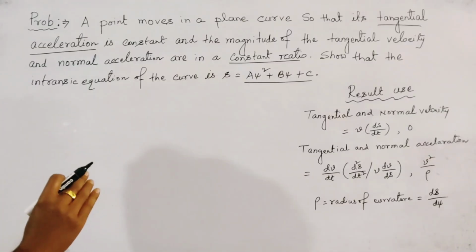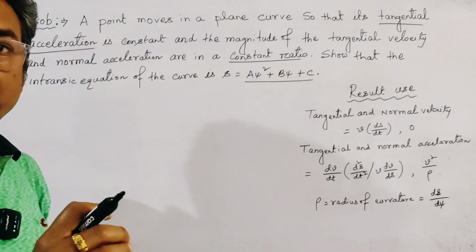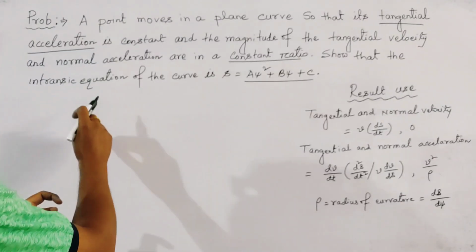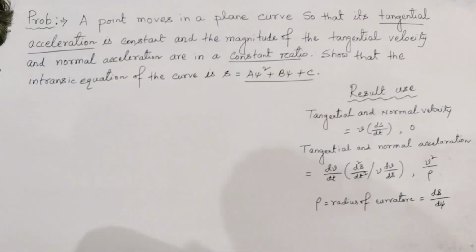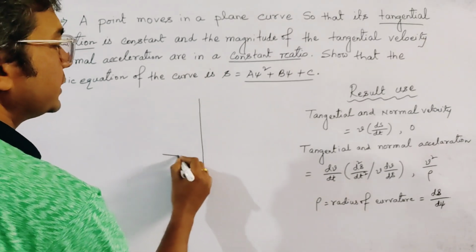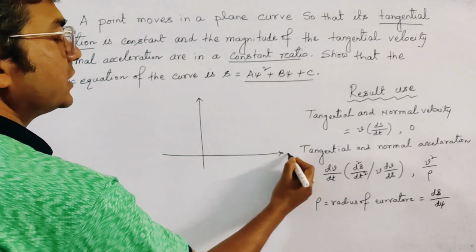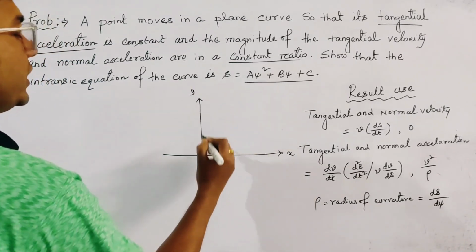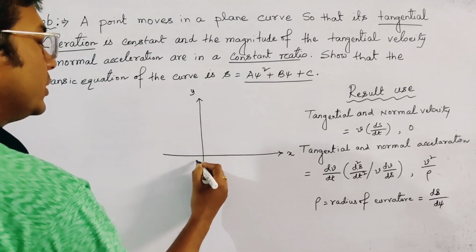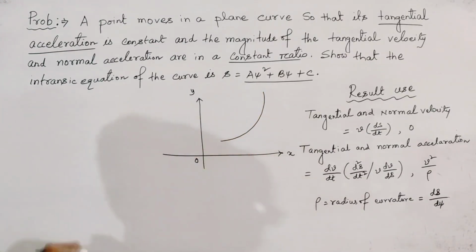Now we first try to draw a rough sketch of the intrinsic coordinate system. We first draw the x-axis and the y-axis. This is the Cartesian coordinate axis. This is the origin, and let this be the given curve.